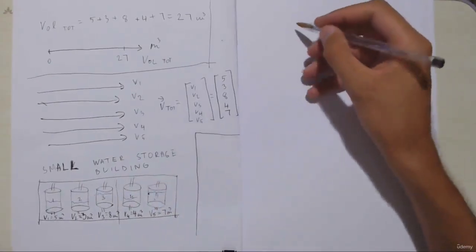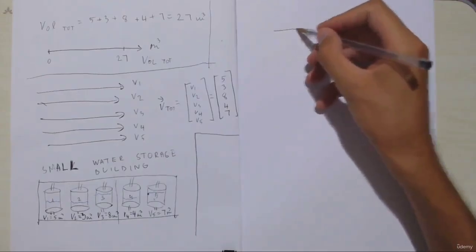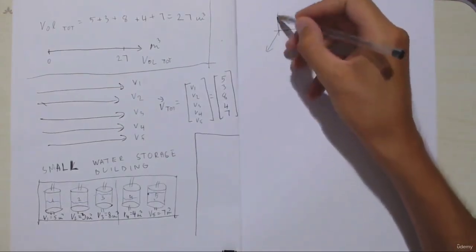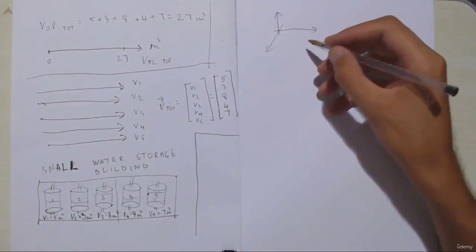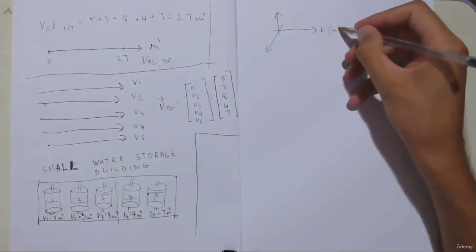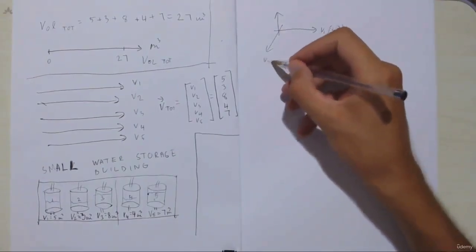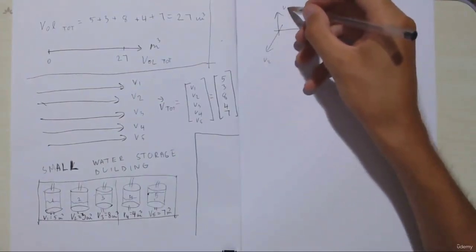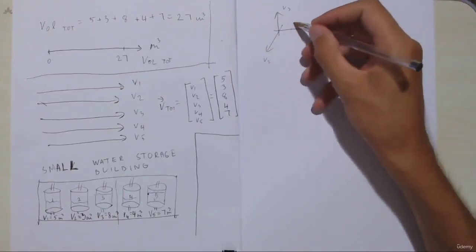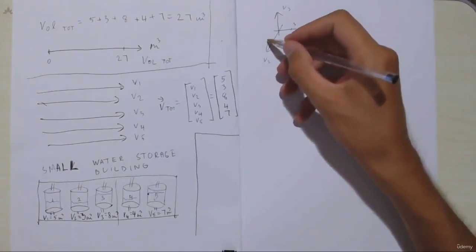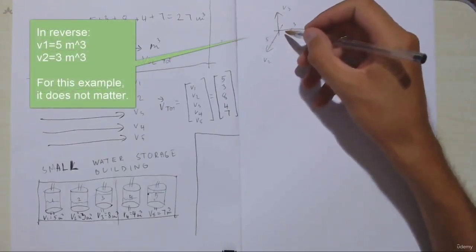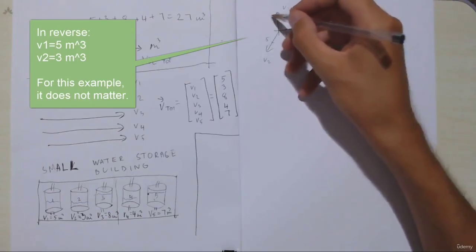You could have one axis here, another axis here, and another axis here, and then you could have V1, which is tank 1, in cubic meters, V2, and then V3. V1 was 3, V2 was 5, and V3 was 8, right?